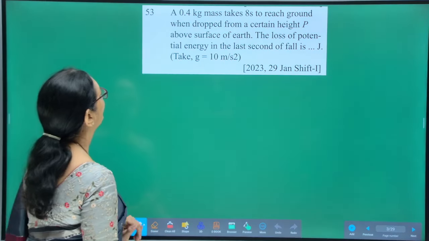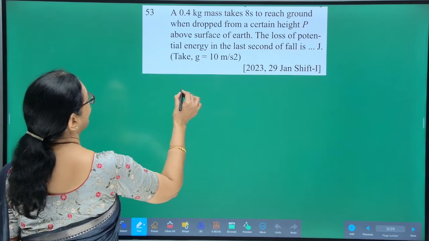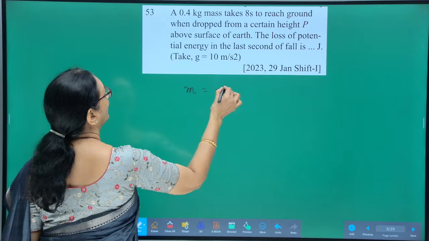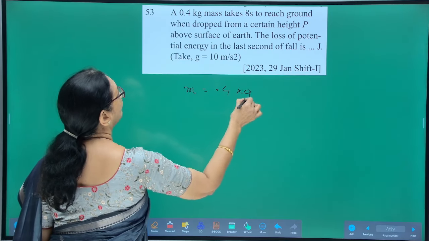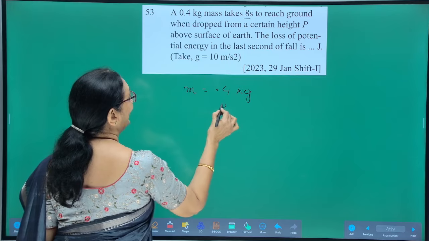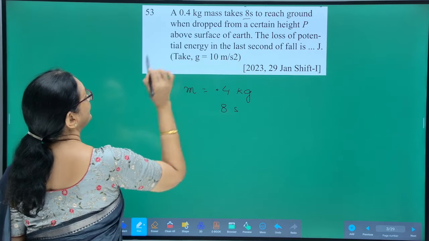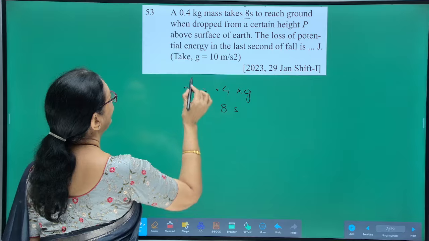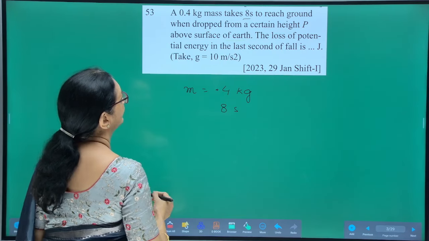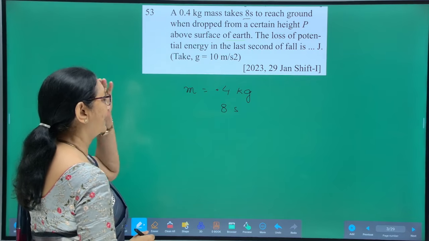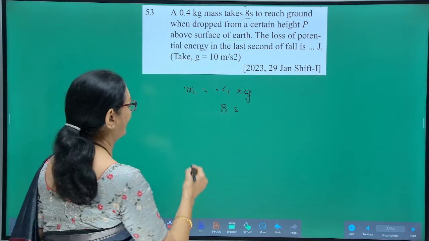Go to the next. A 0.4 kg mass. The mass of the body is given as 0.4 kg, and it takes 8 seconds to reach the ground when dropped from a certain height above the surface of earth. Find the loss of potential energy in the last second.